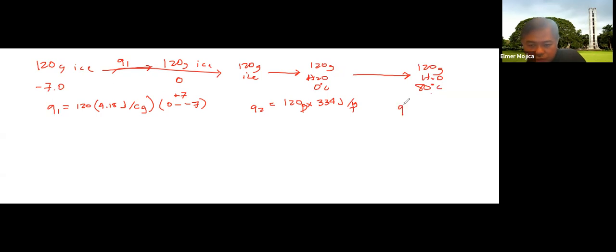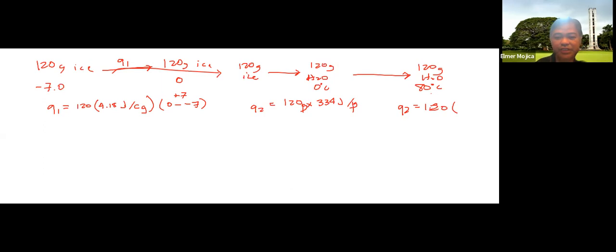So the Q3 here, you have 120 times, ilan nga natin? 4.18 ba yun sa water? Baka kasi mali yung binigay ko sa inyo. Yes, mali nga.